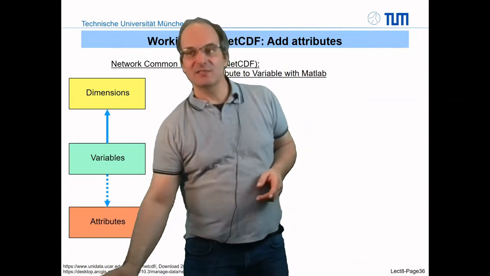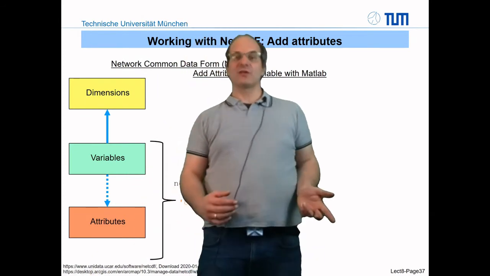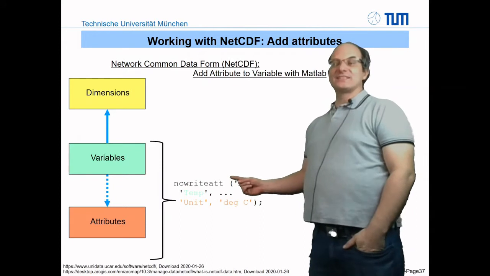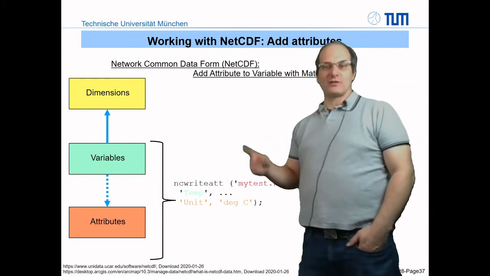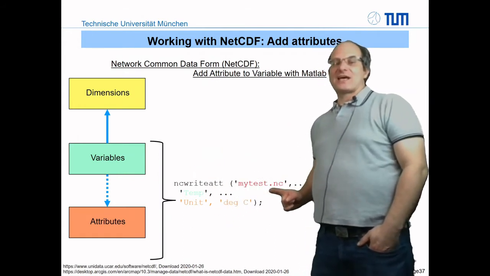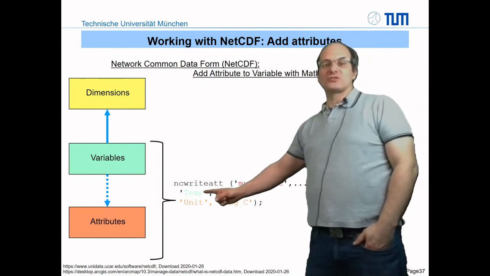Again, it's just defined with a very simple function. So if I jump again to here, you see it, you write ncwriteatt. You remember ncwrite was the normal content writing. ncwriteatt now sets an attribute in this file which belongs to the temperature.